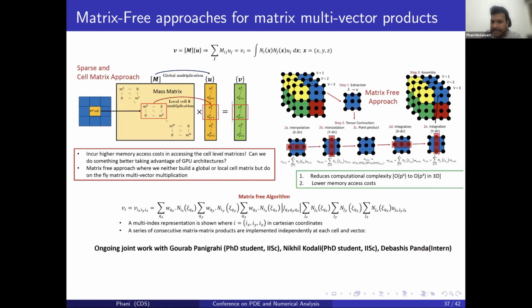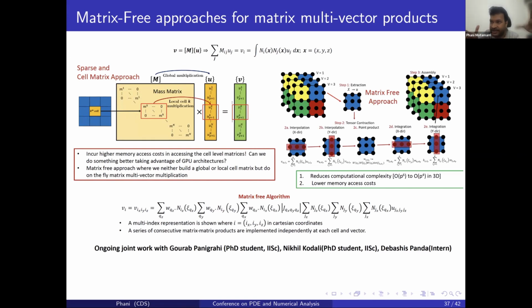And in our group at IISc, we are also working on further accelerating the computational efficiency of some of these matrix multi-vector products which arise in Poisson problems, which we need to solve in a DFT calculation. So far we have been building the cell-level matrix and computing matrix-vector multiplications. But instead, without building the matrix, we are trying to do on-the-fly matrix-free computations.